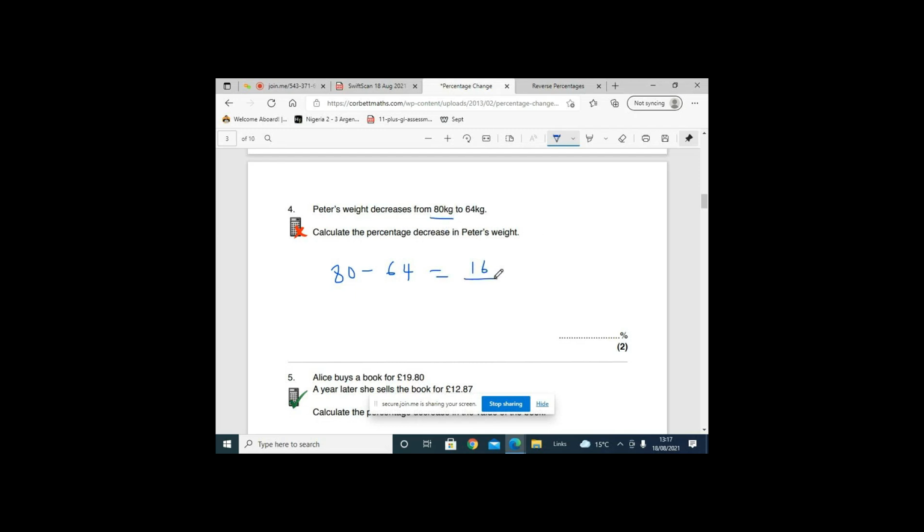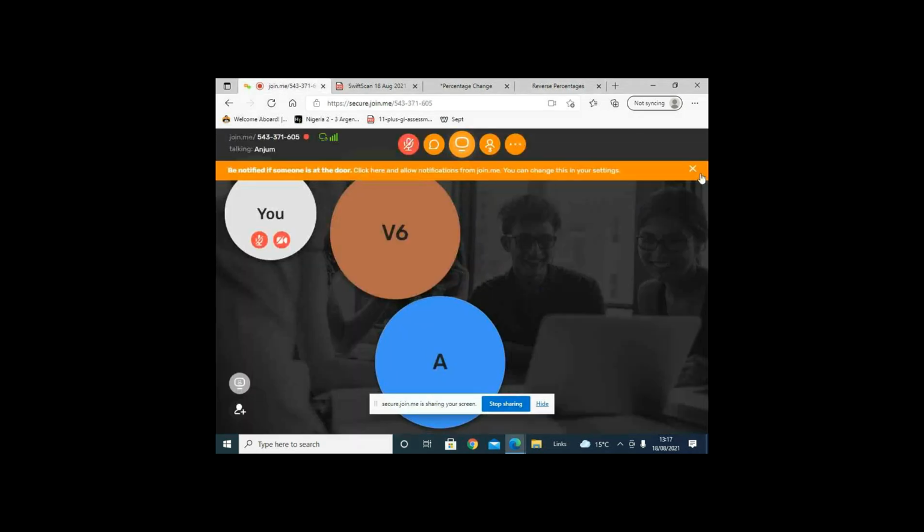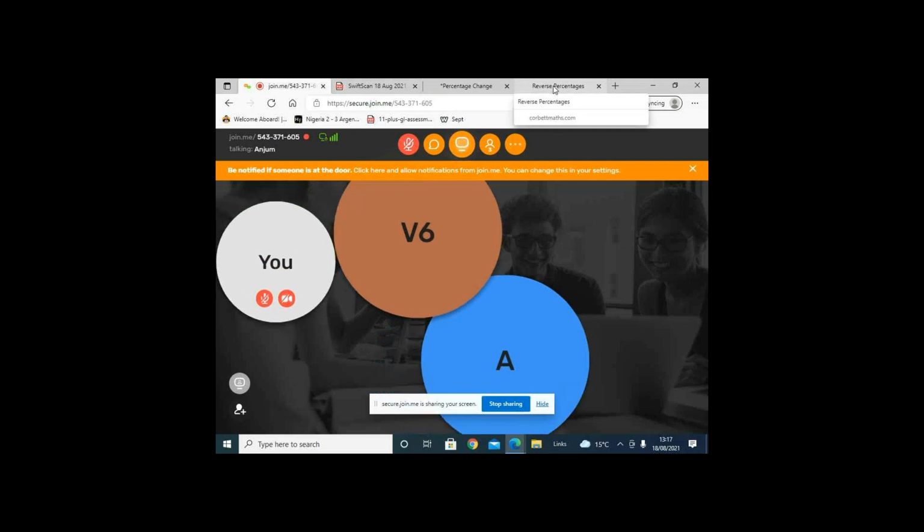So you divide 16 by 80, which is one fifth. One fifth times 100 is going to be 20%. So it decreased by 20%. Don't forget, this is the original amount, the amount it was before the increase or decrease. That's what they call the original amount.